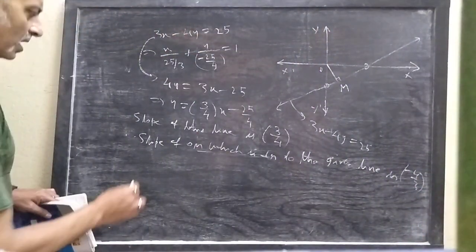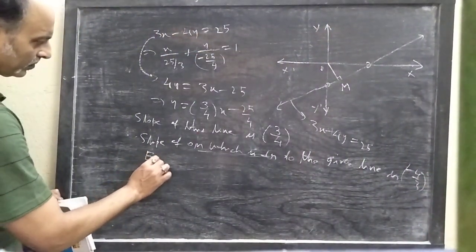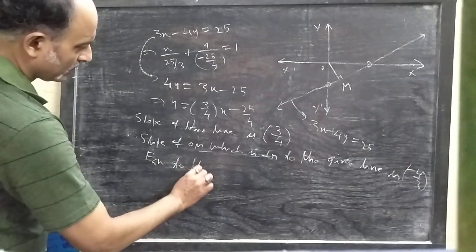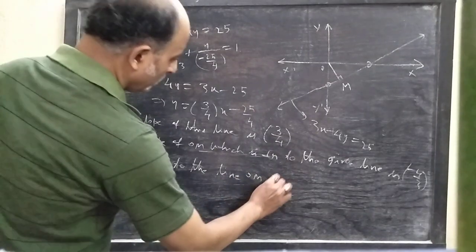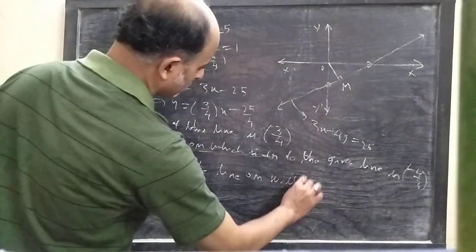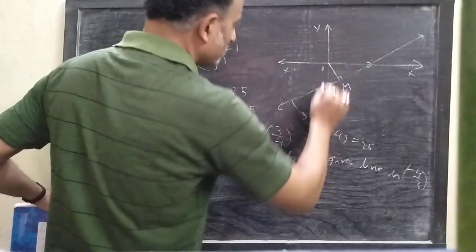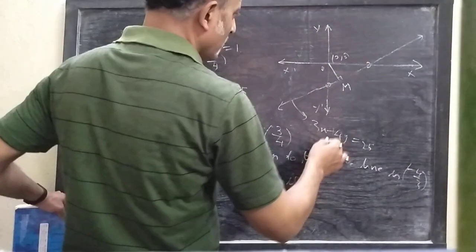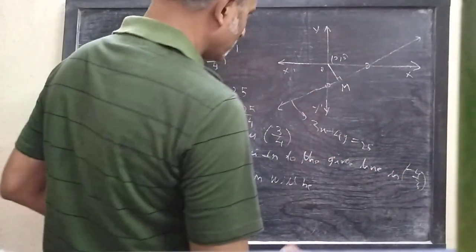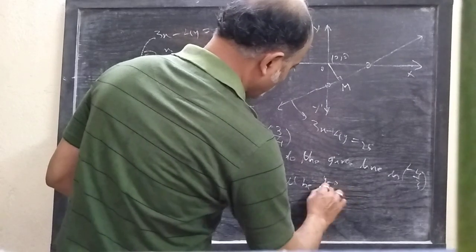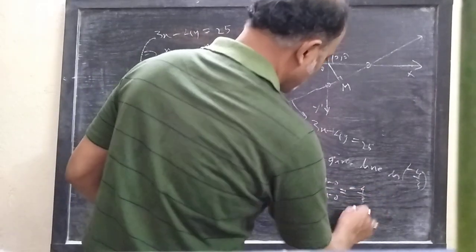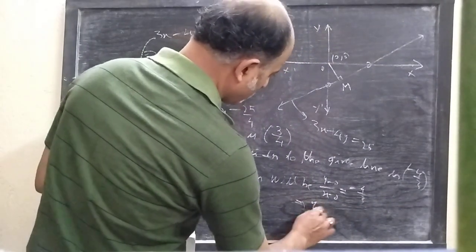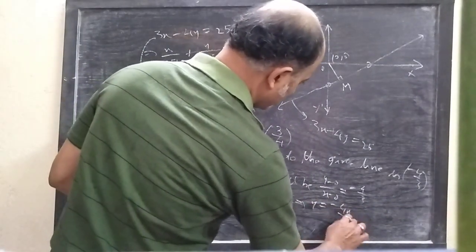Therefore, the equation of the line OM will be, in point slope form, this point is (0, 0) and its slope you have found, -4/3. So the equation will be (y - 0)/(x - 0) = -4/3. So you get y = -4x/3.